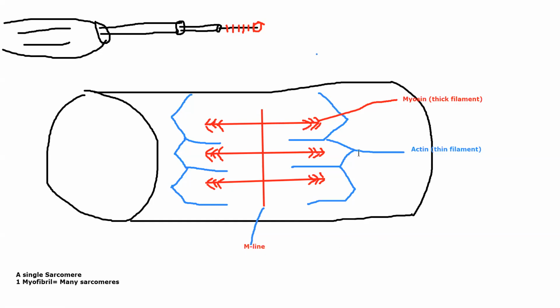Now on either side where we have the connection of actin filaments or thin filaments, we call that the Z line. And as you can see, it does have this Z-like configuration. Okay, so we've got two Z lines.